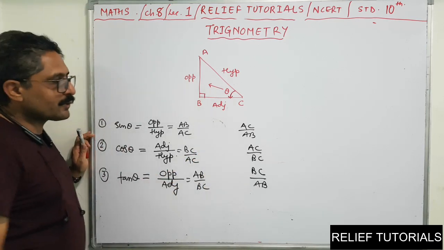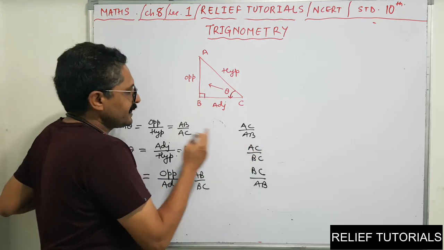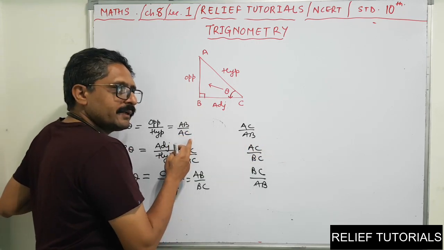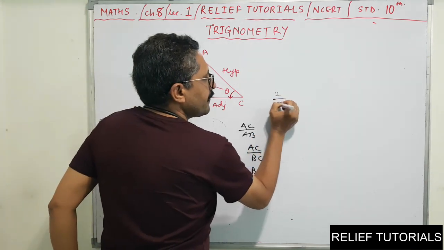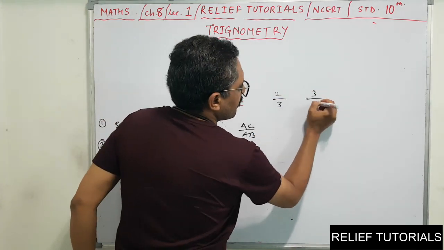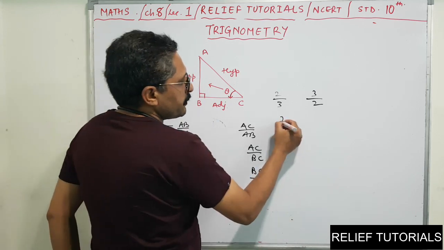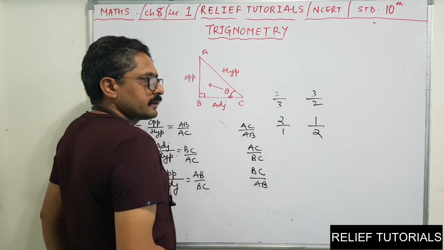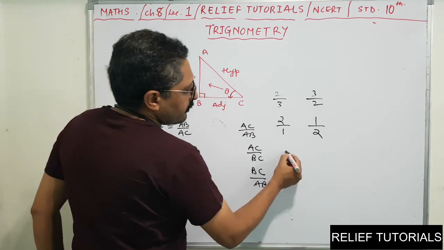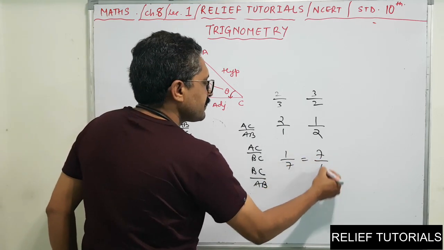Now these are the three ratios, and the remaining three ratios are reciprocals of these. AB upon AC, its reciprocal is AC upon AB. You might know that the reciprocal of 2 by 3 is 3 by 2, the reciprocal of 2 by 1 is 1 by 2, the reciprocal of 1 by 7 is 7 by 1.